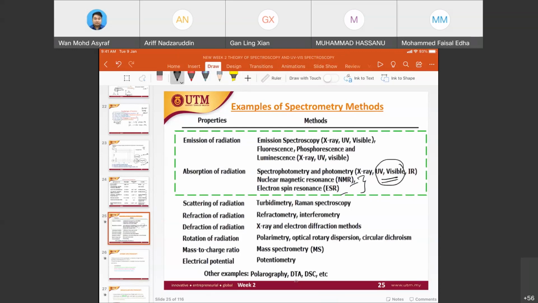And then for emission, we will look at emission spectroscopy of UV visible as well. Scattering, we have Raman spectroscopy, but all of this we are not focusing on with your syllabus.